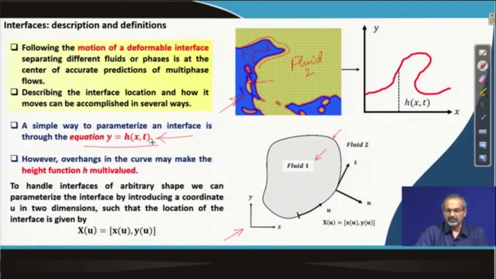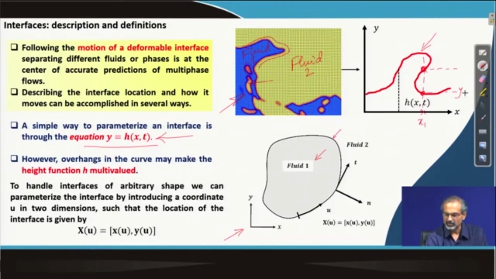But the fallacy of this approach would be that if you have interfaces which comprise of concave and convex regions, then very often you may come up with a multi-valued form of this equation y, because as you can understand, at this x, let us call it x 1, you will have two values of y.